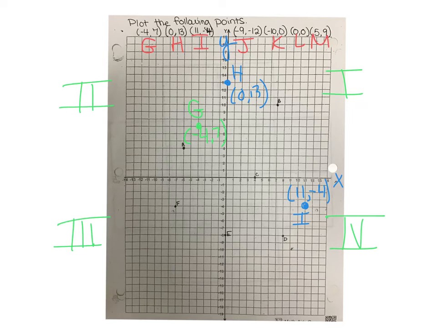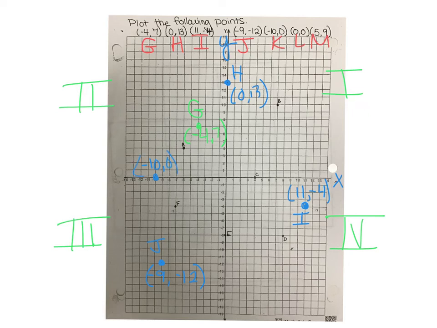Okay, so hopefully you've done J, K, L, and M. For J, we have -9, -12. It's going to be down here in quadrant 3, and that's J. K is -10, 0, so that's going to be on the x-axis.